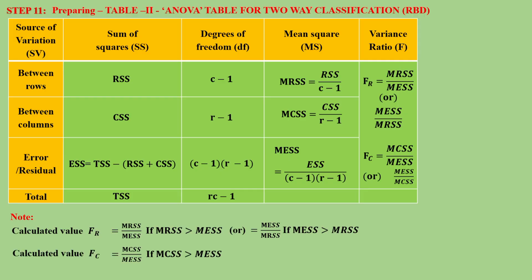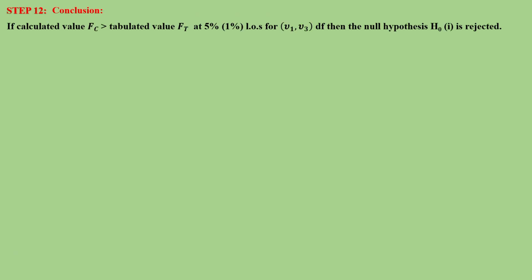Then you have to calculate the tabulated value, right? So the tabulated value, based on the F table, the statistical table. So you have to find the value from the data, that is FT.